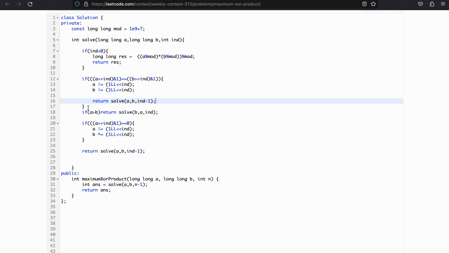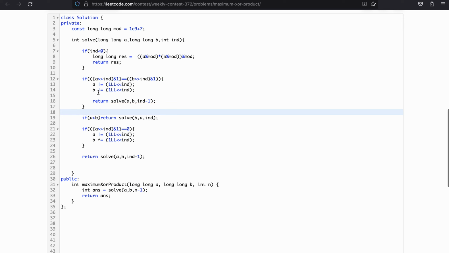And if both bits are different, then we check which one is minimum. In this problem we ensure that a is always minimum. If a is greater than b, then we pass b and a and the index.